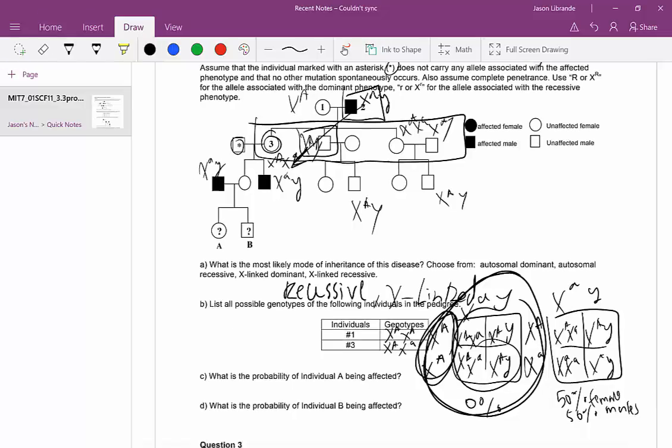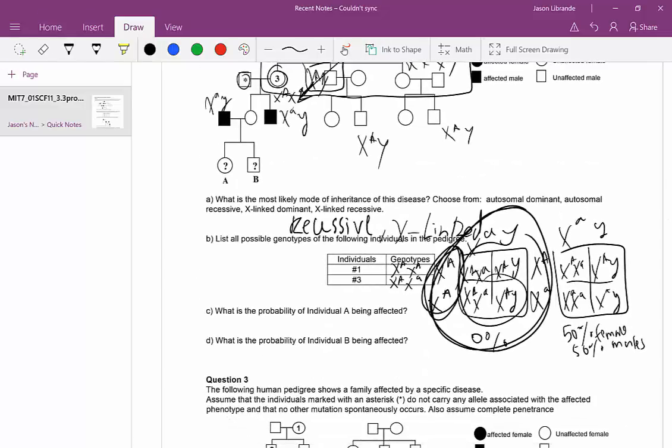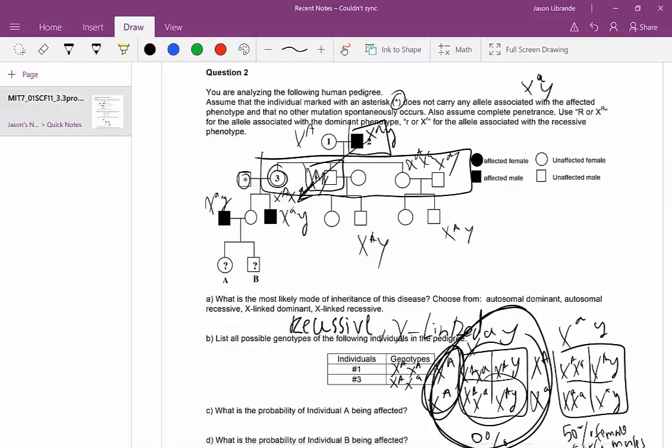So now it's asking you about A and B. So we know the genotype of this parent right here. Let's figure out the genotype of this female right there. So this female is going to be weird. So this asterisk right here. For exam questions, I won't ever give you an asterisk like that where somebody loses an allele. But here we have a female.